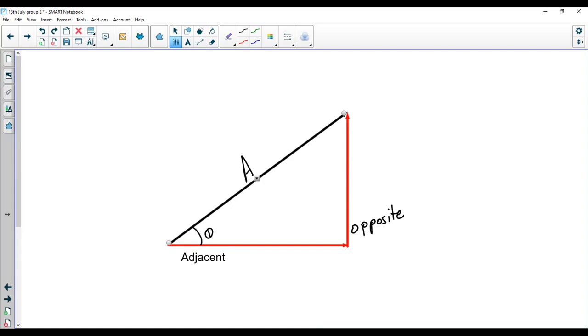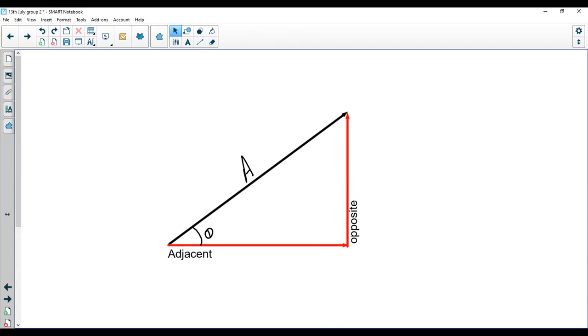So do not use perpendicular, vertical, horizontal or base. Use these words, adjacent and opposite.